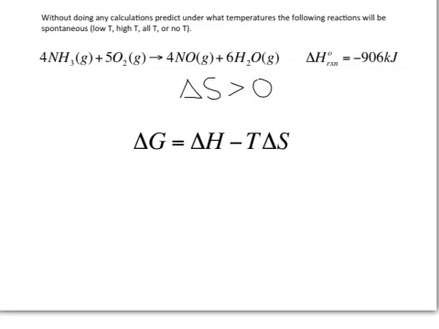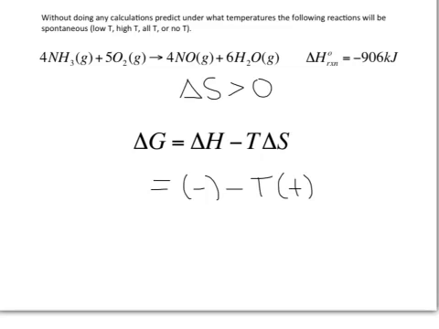So if I consider my equation, I have a negative delta H, that's minus a temperature times a positive delta S. If I want to know if the reaction is spontaneous at low temperatures, the easiest thing to do is consider the temperature to be 0. In that case, only the enthalpy term exists when the temperature is equal to 0. So when the temperature is equal to 0, or for low temperatures, delta G is negative, so the reaction is spontaneous at low temperatures.